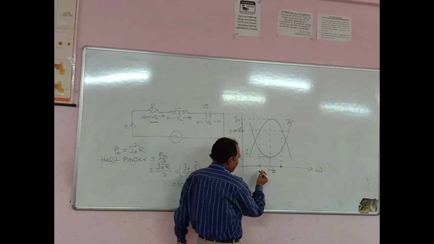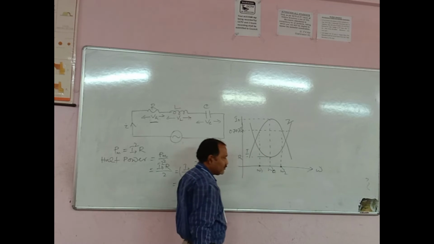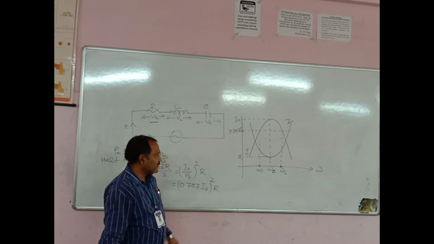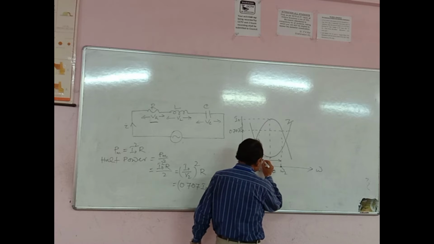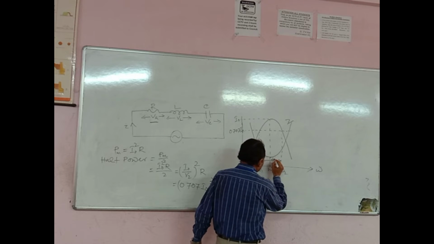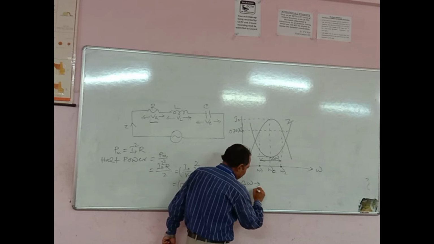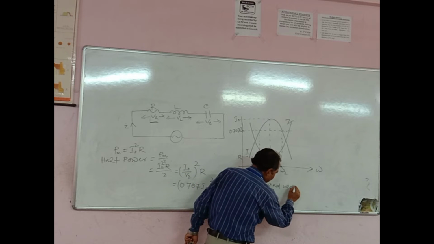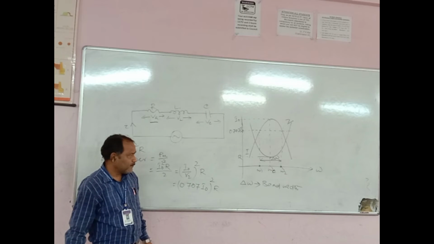This is the lower half frequency omega 1 and this is the upper half frequency omega 2. The difference between these two frequencies is given as delta omega, and delta omega is known as the bandwidth of the circuit.